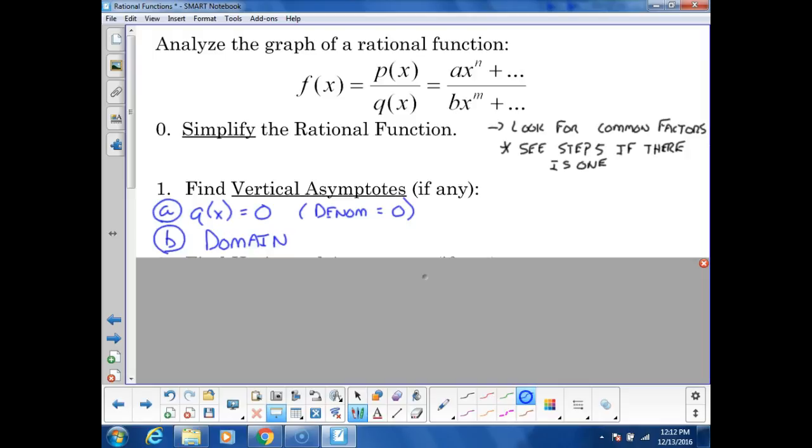And then our vertical asymptotes are what? The x can't be out of the domain. X equals the what of the domain? The restrictions in the domain. How many vertical asymptotes can there be?